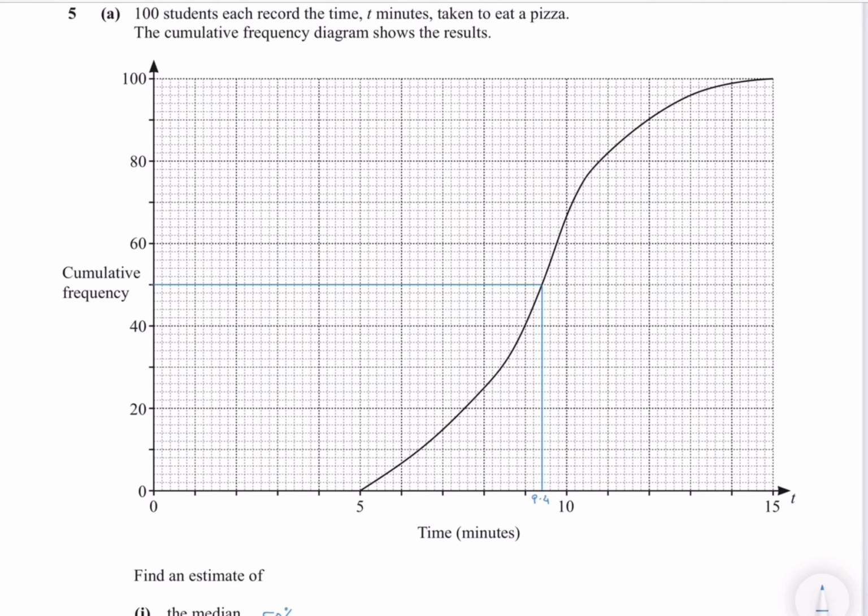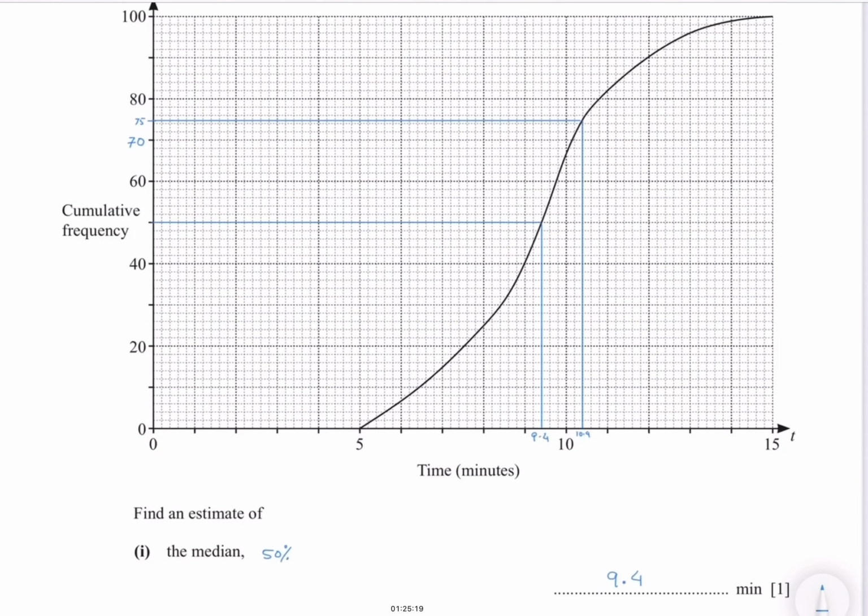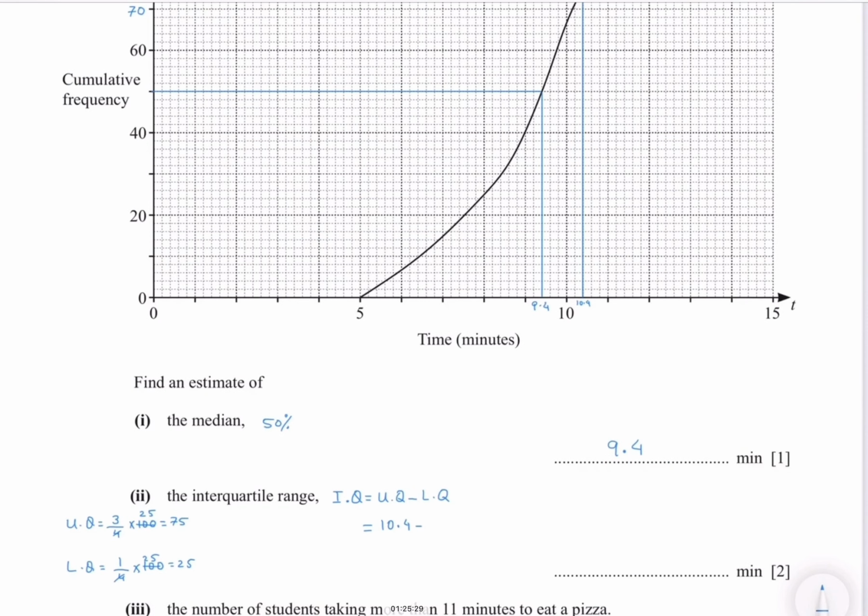25. Okay, now from the graph, mark 75, go towards the curve. From 75, go to curve, and from the curve, corresponding line on the x-axis, and this is 10.4.